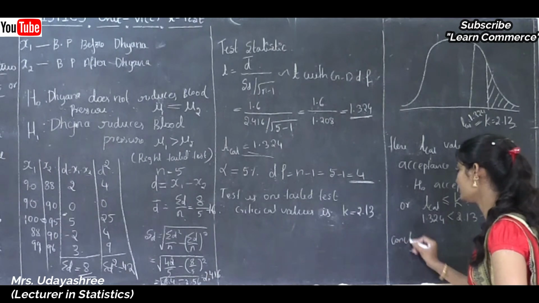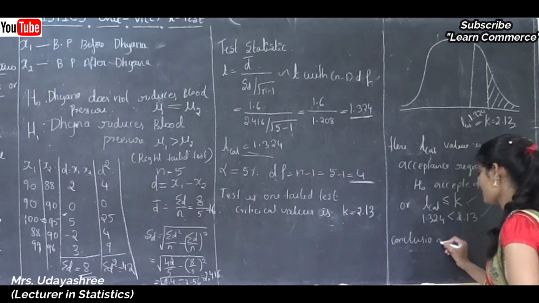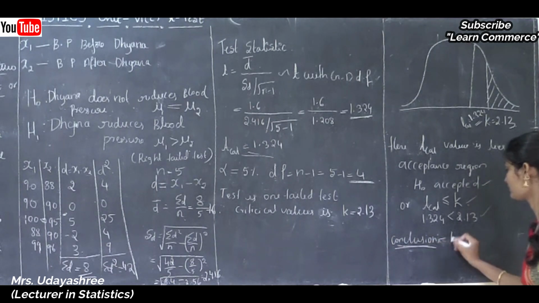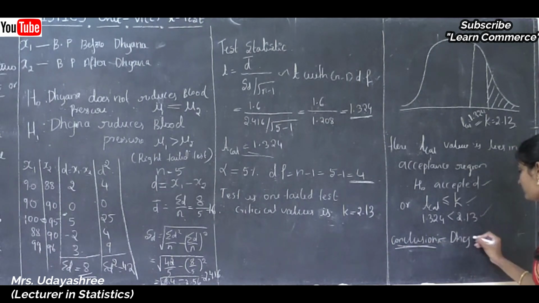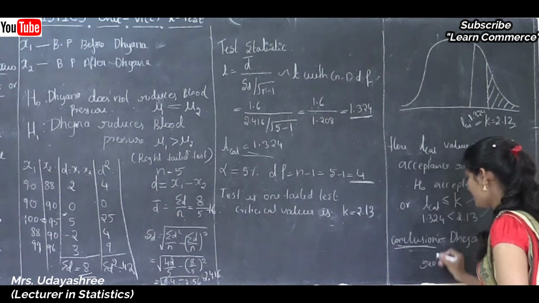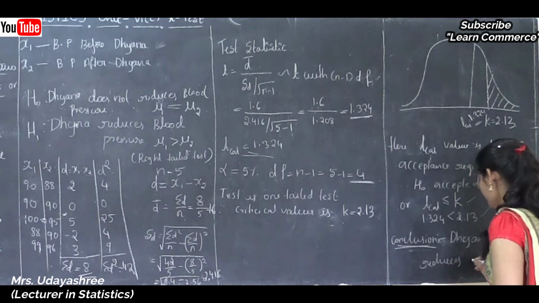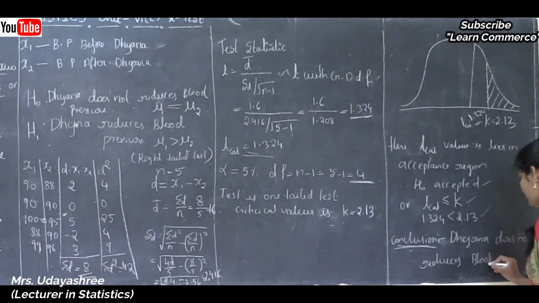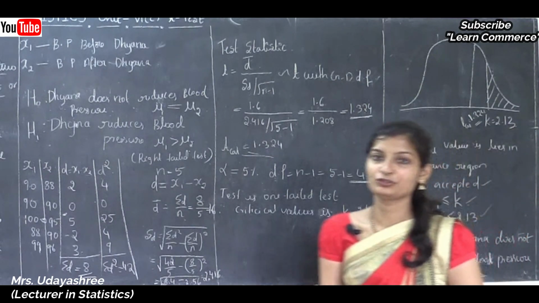Therefore the conclusion is that dhyana does not reduce blood pressure, or we can say mu1 is equal to mu2.